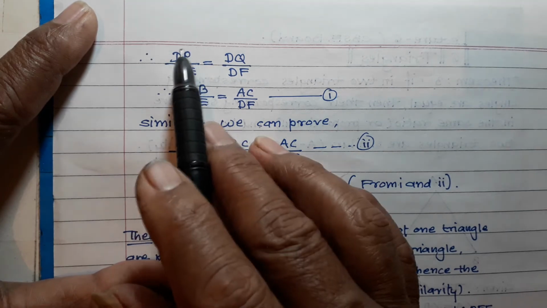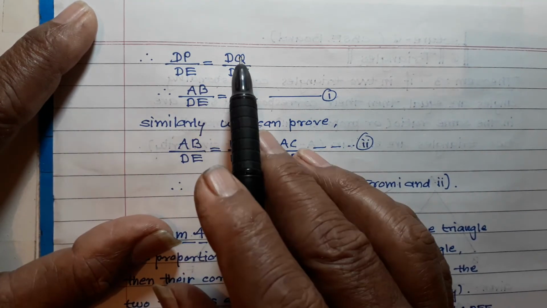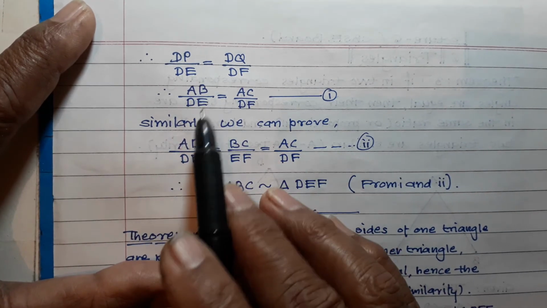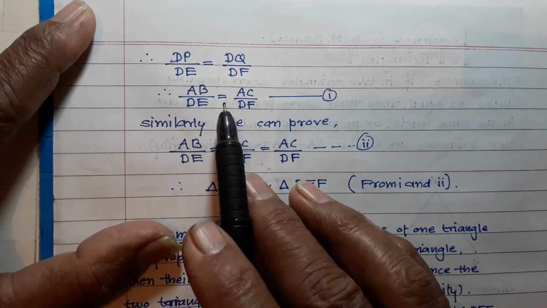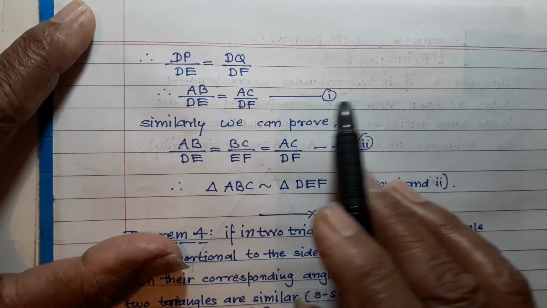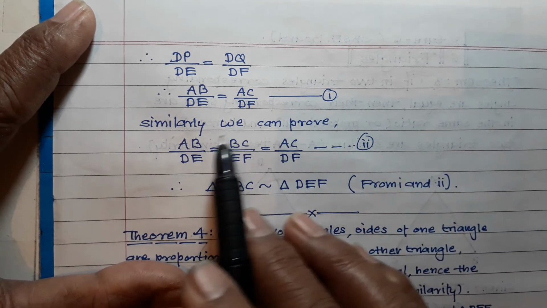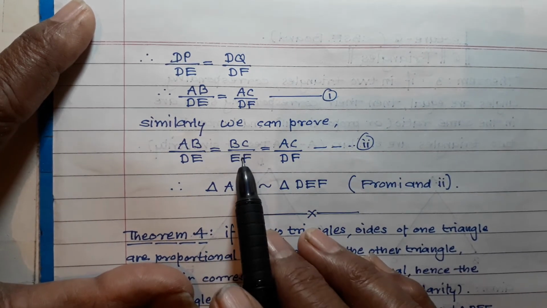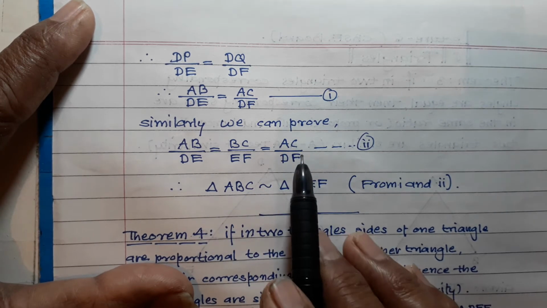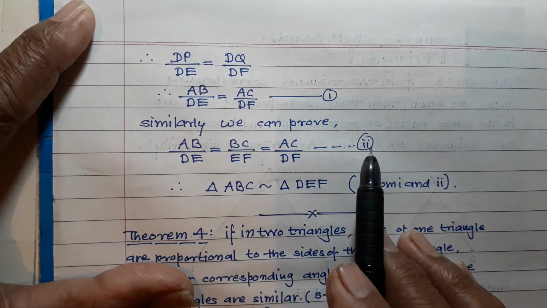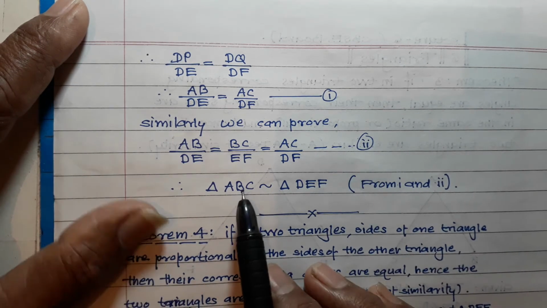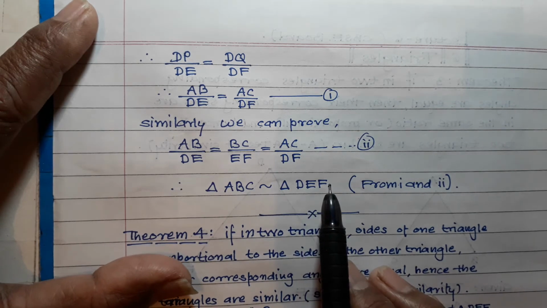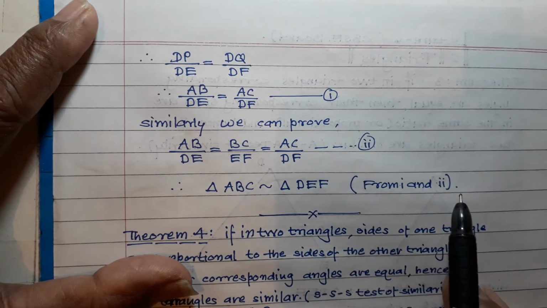For DP you substitute AB and for DQ you substitute AC, and therefore AB upon DE is equal to AC upon DF, equation number 1. Similarly, we can prove AB upon DE is equal to BC upon EF is equal to AC upon DF, statement number 2. And hence triangle ABC is similar to triangle DEF from 1 and 2.